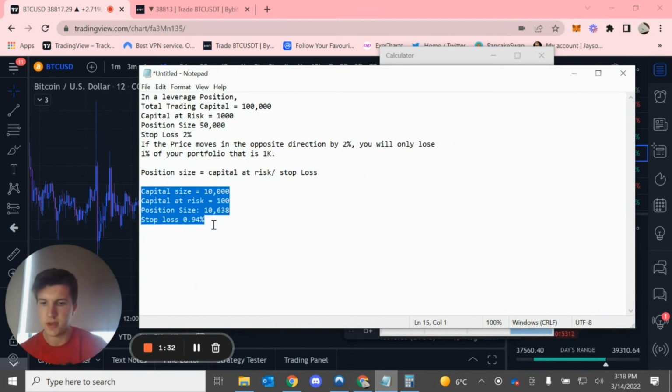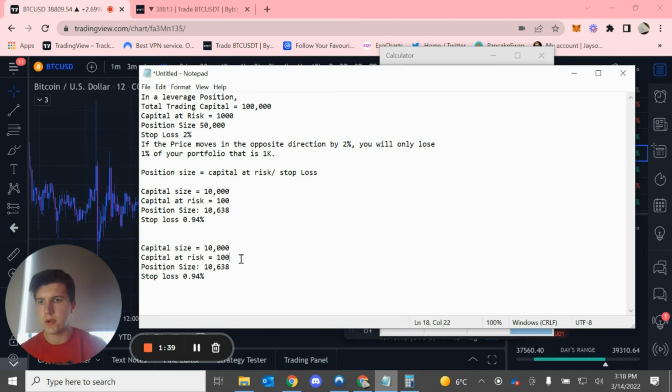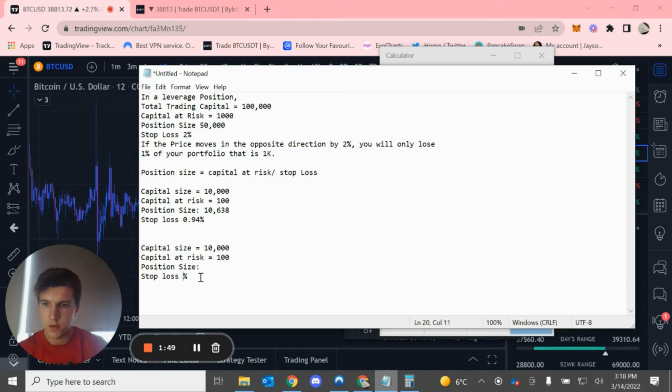The capital size, just to keep things simple. So I'm just going to copy and paste that. I recommend risking only 1%. And so these factors are going to change. So what is our stop loss? It is 1.81%.